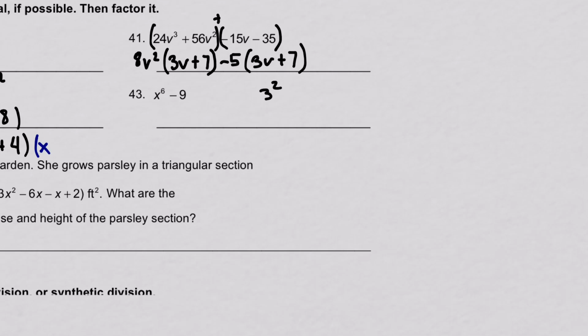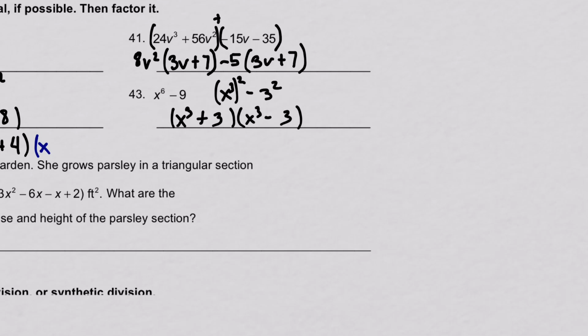And I know x to the 6th can be turned into, as we saw before, x cubed squared, which means that I have two perfect squares right here. So I can come up with two sets of parentheses. In the first one, I put x cubed and 3. In the second one, I put x cubed and 3, one plus, one minus.